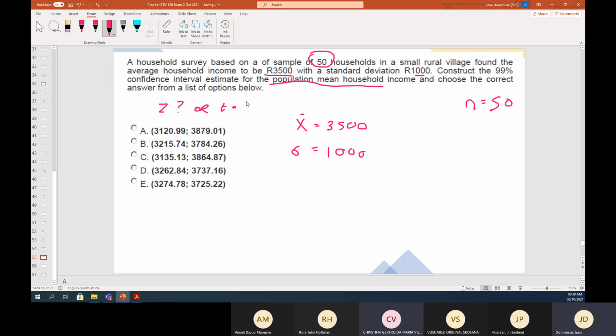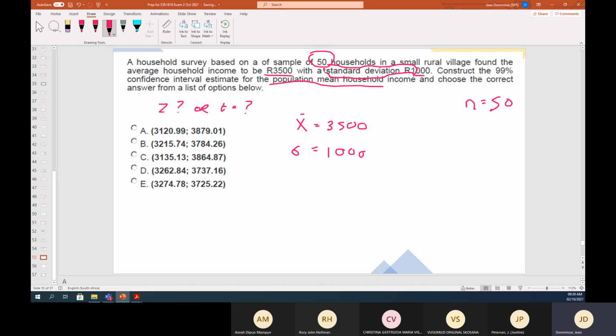I think I would have gone for T, so using the sample standard deviation, because I feel like they will normally explicitly mention population standard deviation when that needs to be used. Perfect. So even though they tell us the population mean household, they would need to say that it is a population standard deviation.